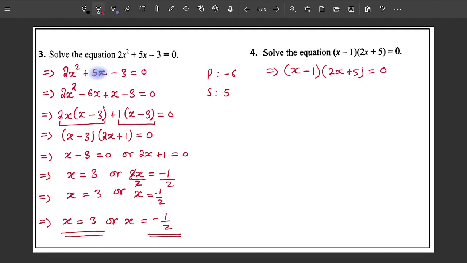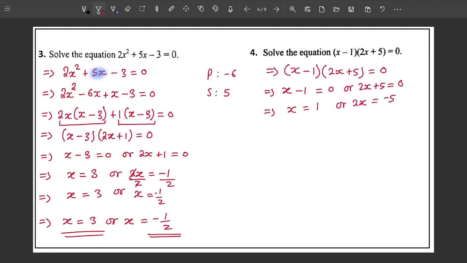It means x minus 1 is the one which is equal to 0, or 2x plus 5 is the one which is equal to 0. So this implies x is equal to 1, the 1 crosses, becomes 1, or here 2x is going to be equal to negative 5. That 5 crosses, it becomes negative 5.